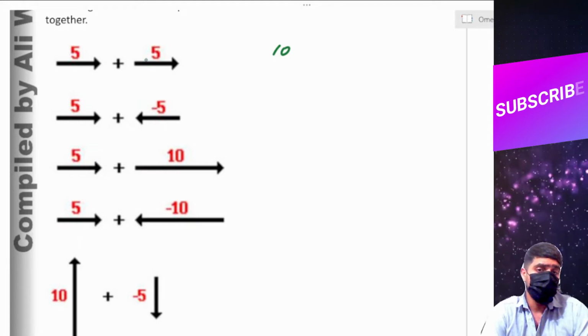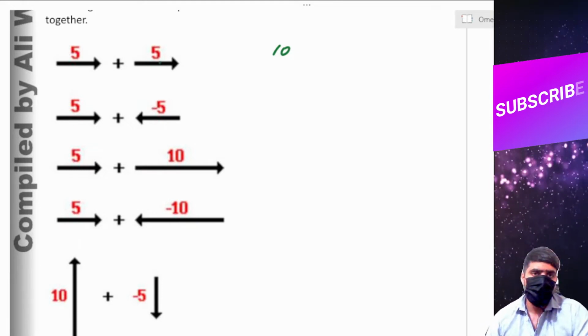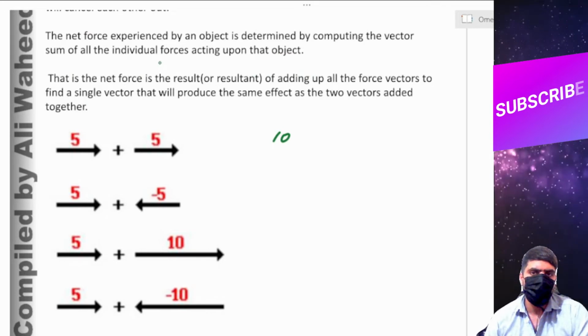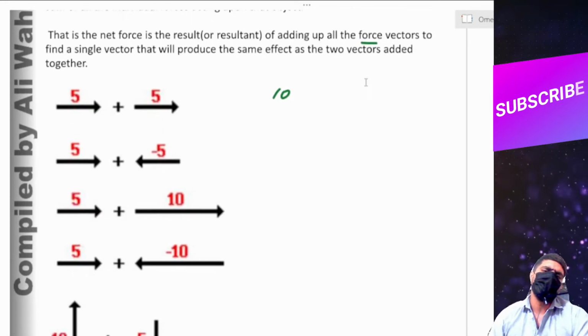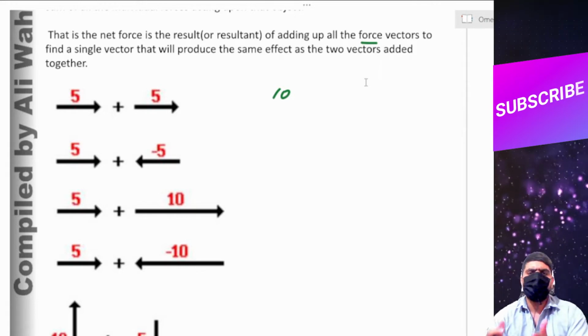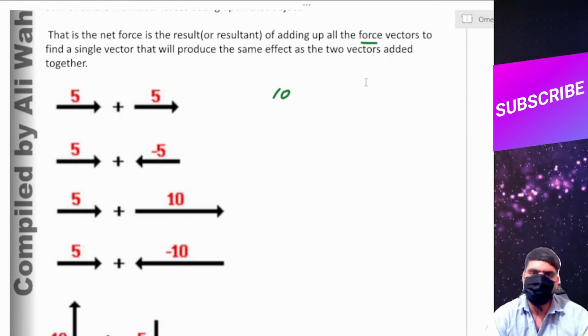Since we don't know what quantity it is, and in this case we have specified that these are force vectors, you can assume that the total answer 10 is in newtons.